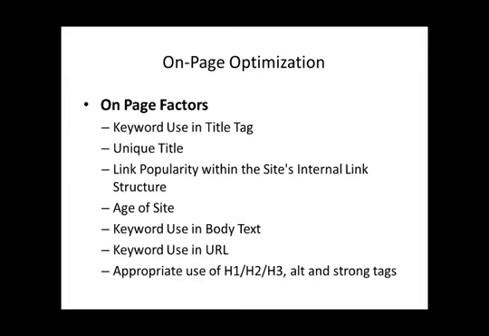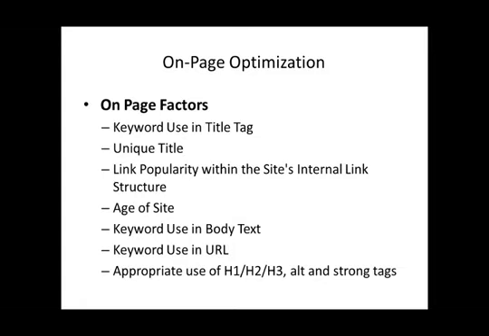That includes various on-page factors like inclusion of the keywords you are targeting for an individual page, putting that in the title tag. Every single page on the website should have a unique title, just to make it sound unique and give it its own weight in the eyes of Google and all the other search engines.